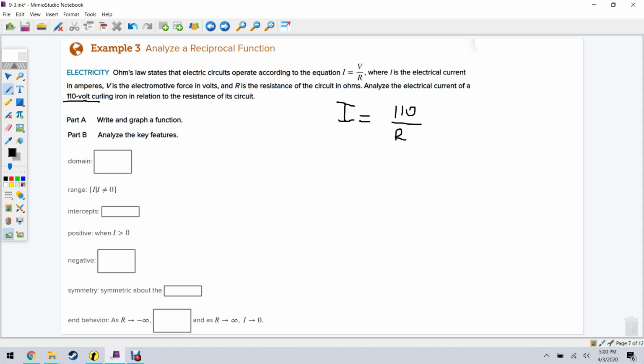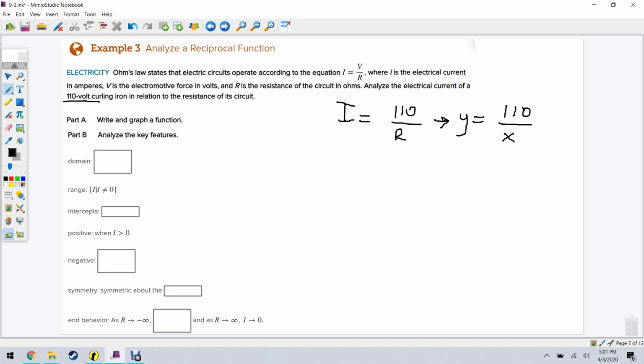We just replace V with 110 because that 110 stands for the volt. So this is going to be our function. We don't have x and y, so just consider it like y equals 110 over x. Here R will be like x, and I will be like y.